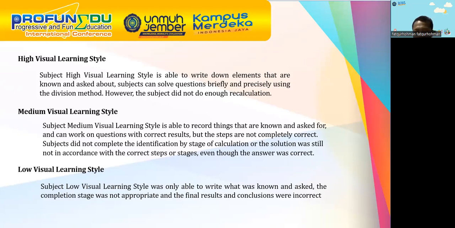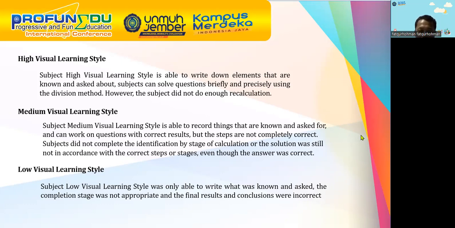In the low visual learning style, the subject was only able to read what was known and asked. The calculation steps were not appropriate, and the final result and conclusion were incorrect.